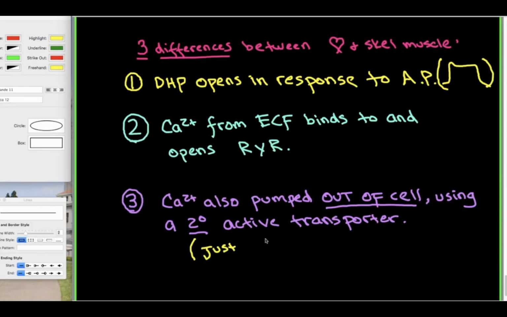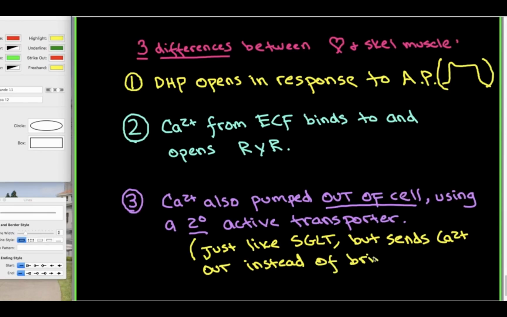This new secondary active transporter is a lot like SGLT, but instead of sending glucose, it's going to send calcium. It's going to send calcium out of the cell instead of bringing glucose into the cell.